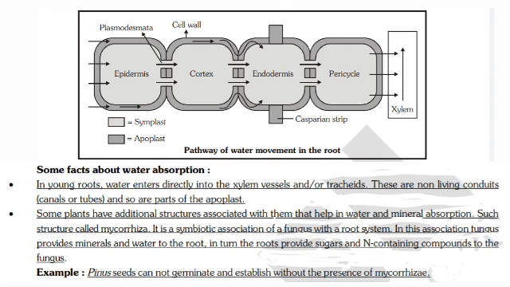In turn, the roots provide sugars and nitrogen containing compounds to the fungus. Example, Pinus seeds cannot germinate and establish without the presence of mycorrhiza, which means an obligate symbiotic association.